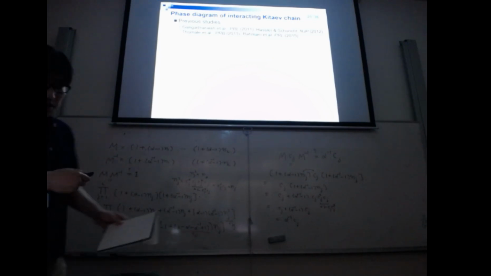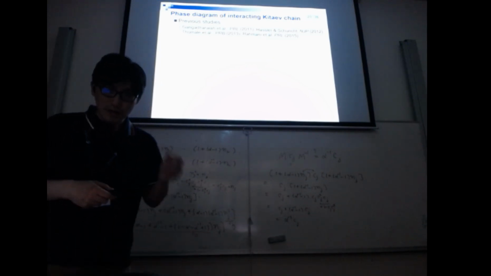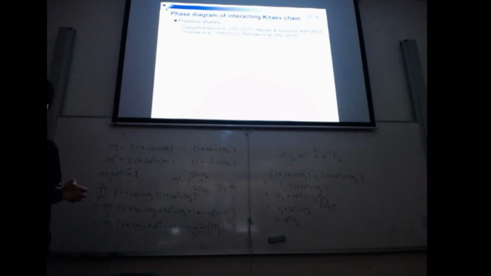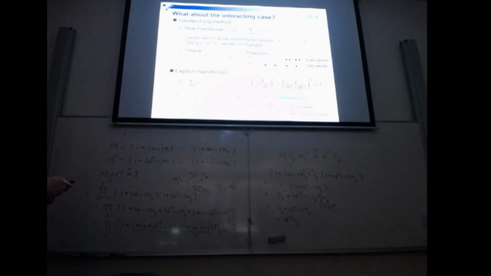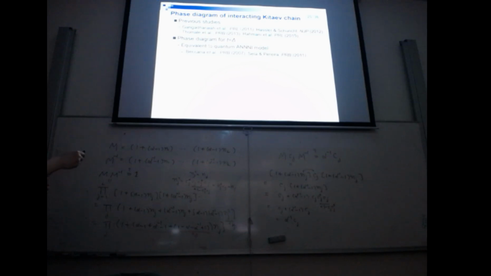And so actually people have studied the phase diagram of the interacting Kitaev chain. Let's just consider a more general case, which is not necessarily solvable. There are several papers about it. But okay, let's consider the simple case where hopping and pairing are the same.